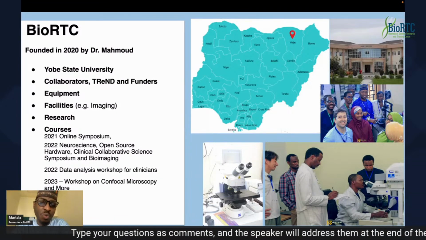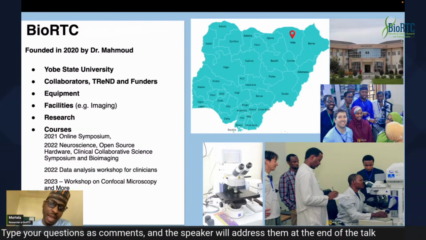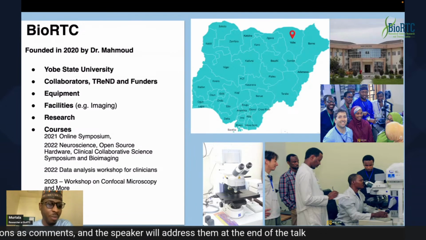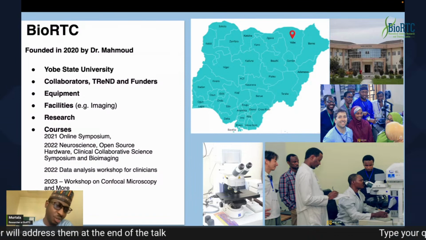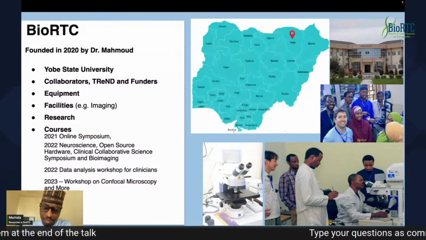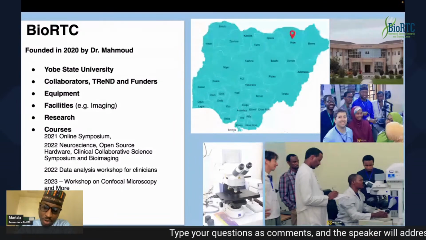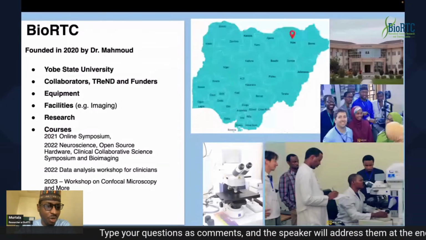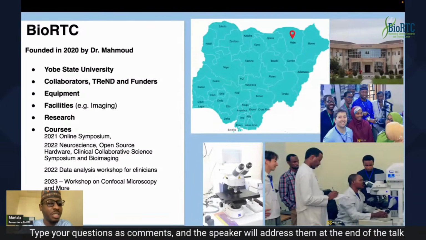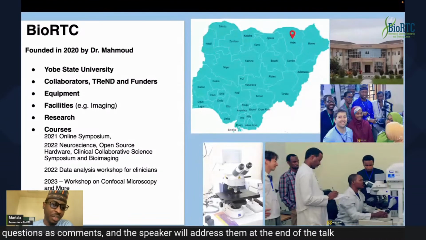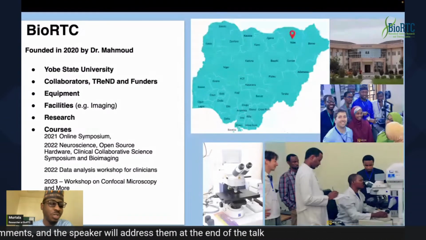There is a consortium of collaborators that came together to see that BioRTC came into being, and the equipment came from different parts of the world, especially Europe. University of Sussex is one of the active collaborators giving equipment to the center, and we received other equipment from collaborators in Spain.